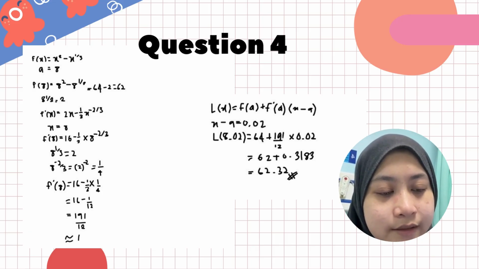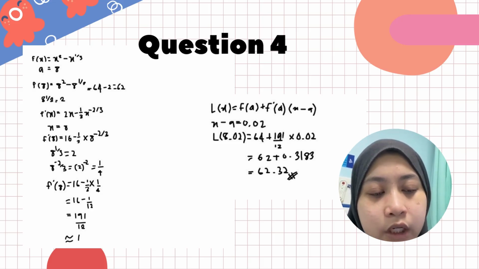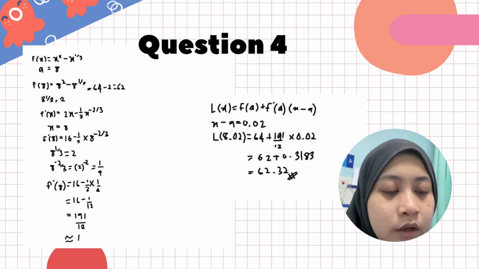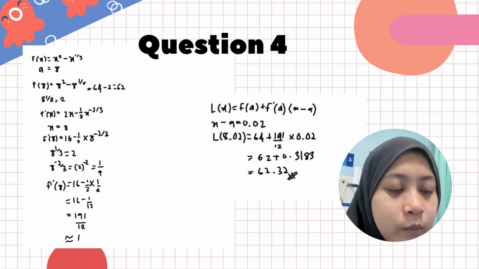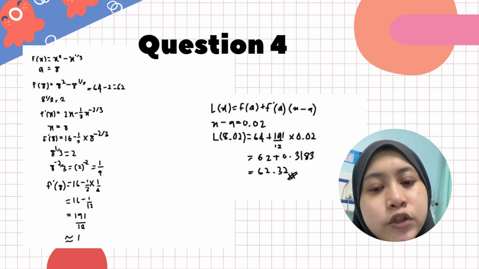For x minus a, we have 0.02. So the x is going to be 8.02, which equals 64 plus 191 over 12 times 0.02. So the final answer is going to be 62.32.